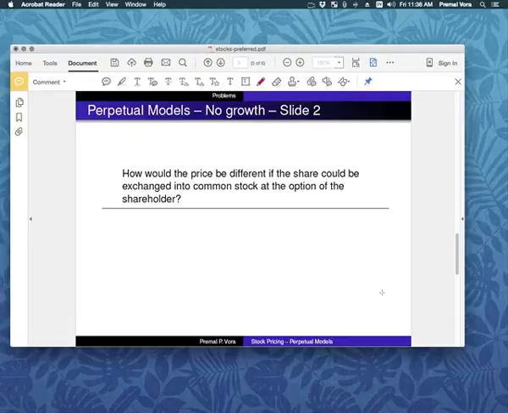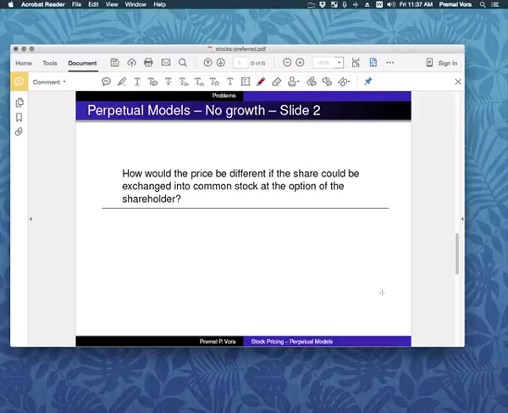The ratio at which the preferred stock is exchanged into common stock is fixed when the preferred stock is issued. So for example, some company might have a 5-to-2 ratio. So for every 5 shares of preferred stock that you have, you can turn them in and get 2 common shares in exchange.